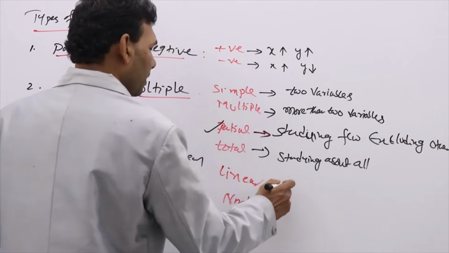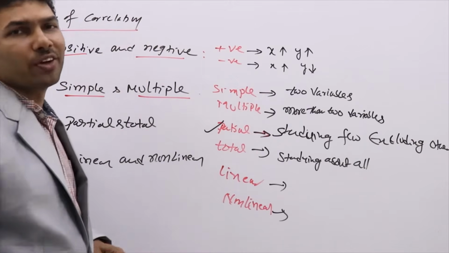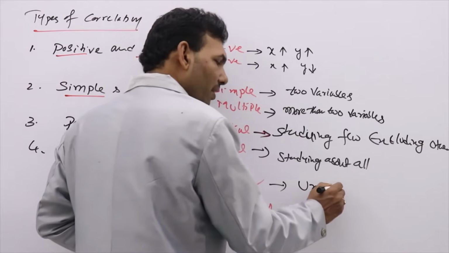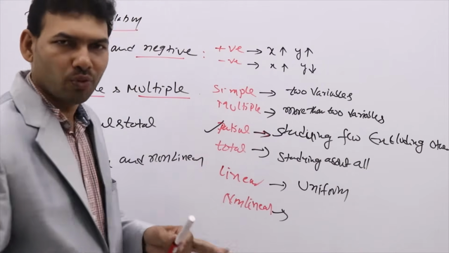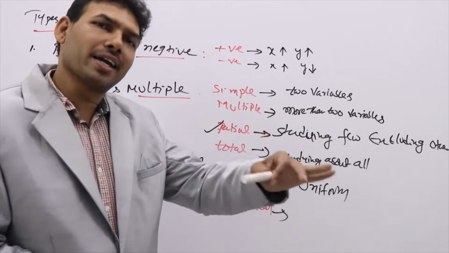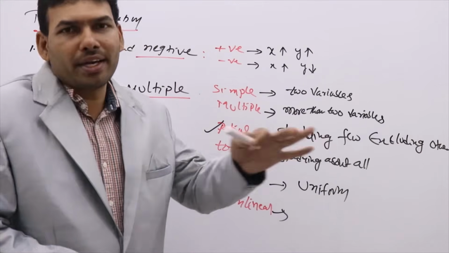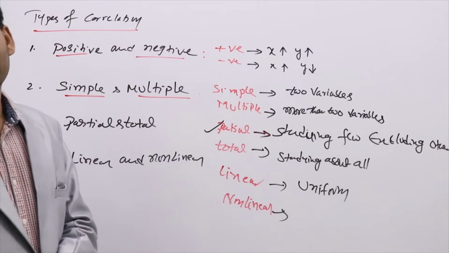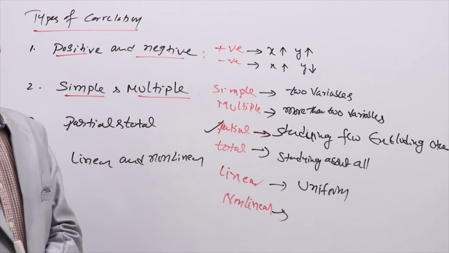So linear: the relation between two or more variables is uniform. They are varying in one direction, in a particular way, in a particular order, uniformly. Then we say that the correlation is linear correlation.